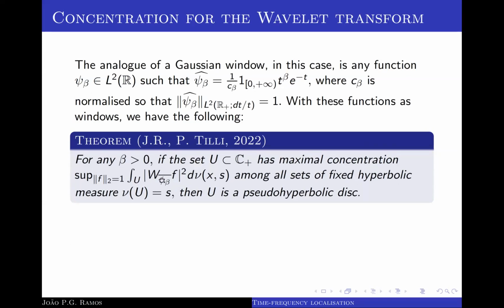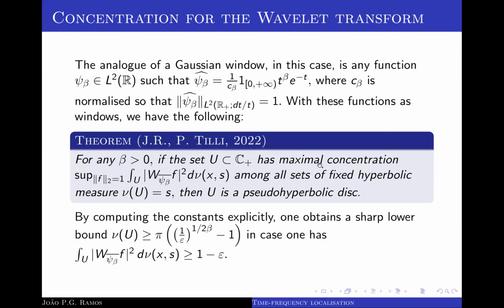If the wavelet transform with window psi beta concentrates optimally at a certain set U, and you fix the hyperbolic measure of the set, then the set has to be a pseudo-hyperbolic disk, which coincides with a Euclidean disk, but the center and the radius are going to be different when you change from one context to the next.